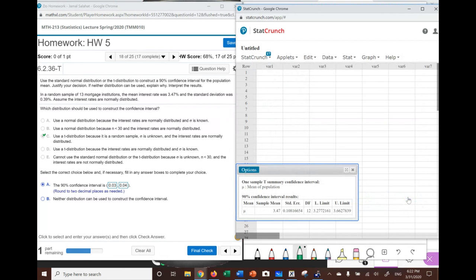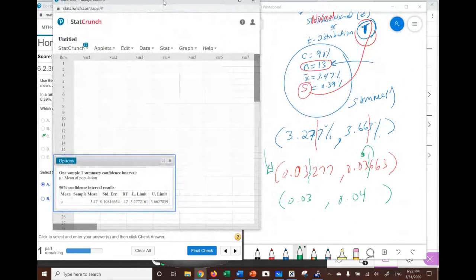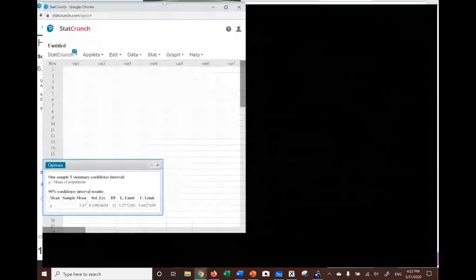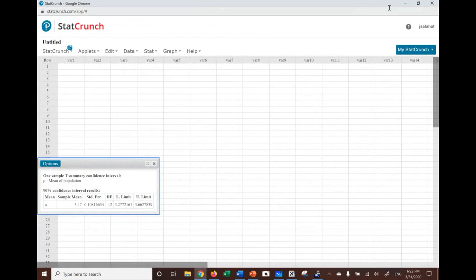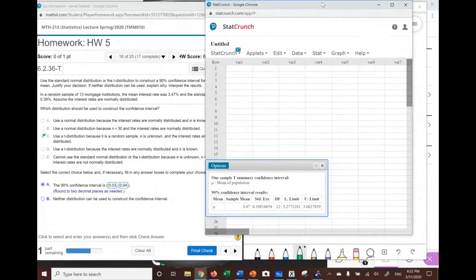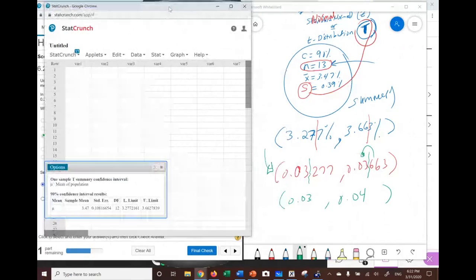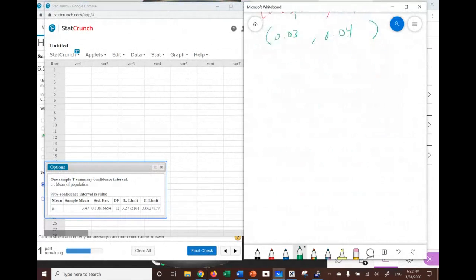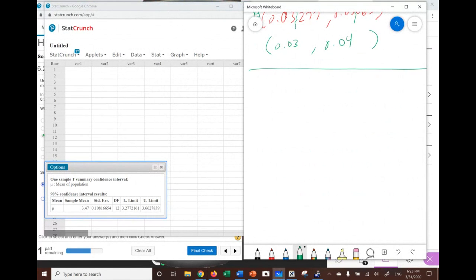90%. So did I? Yes. So I don't know why this is not taking the answer, because if you look at the answer here, let me just swap this up. They're not accepting any of the two answers. One answer, we can leave it as a percent.